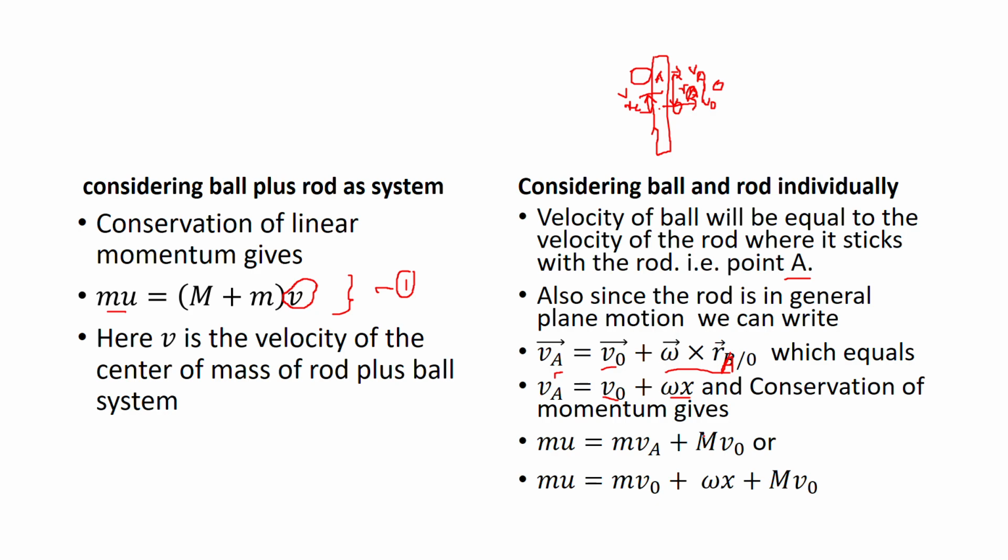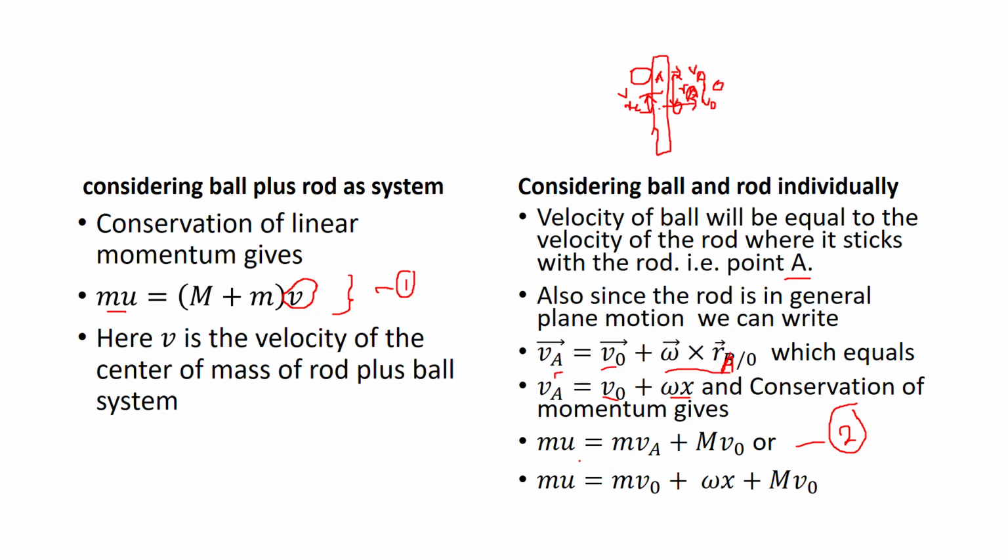Now writing it as equation number 2, I am trying to highlight the difference when we are considering ball and rod as individual elements. Since the rod is not a particle, the equation is mu equals MVA.